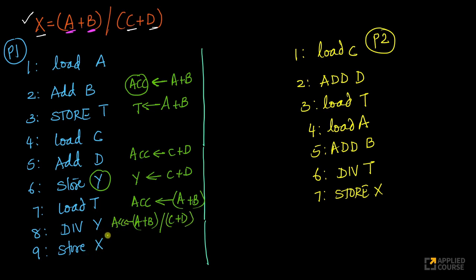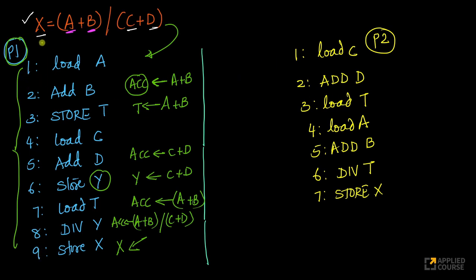Now it says store X, which means X will now contain A plus B divided by C plus D. How many instructions did we need here? We needed 9 instructions. Look at this. This is one way of writing the program to compute this mathematical expression. It's not one operation, it's an expression, right? So this is one way I can write a program. But there is a more efficient way I can write it. Here I needed 9 instructions.